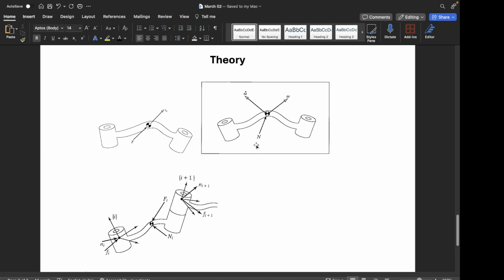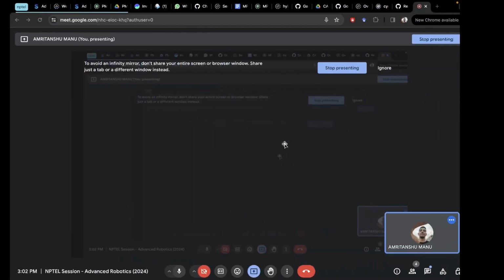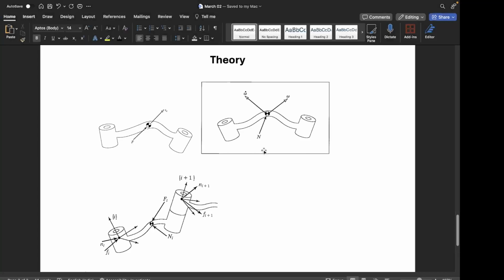In dynamics, we study the cause of the motion. Agency is a term which is being used for what is causing the motion of the body, or the manipulator in this case. So the agency can be either a force or a moment or both of them acting simultaneously.